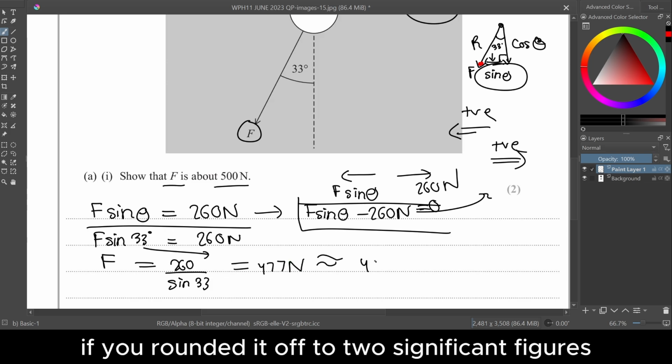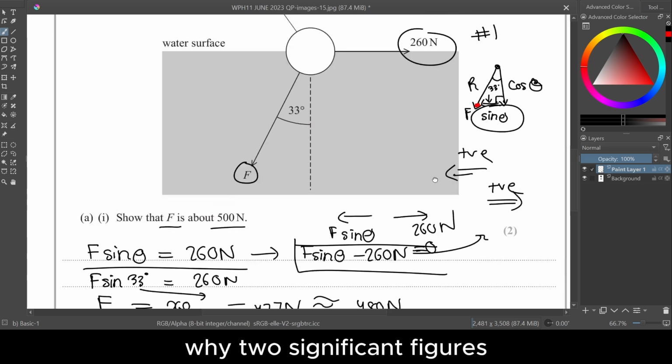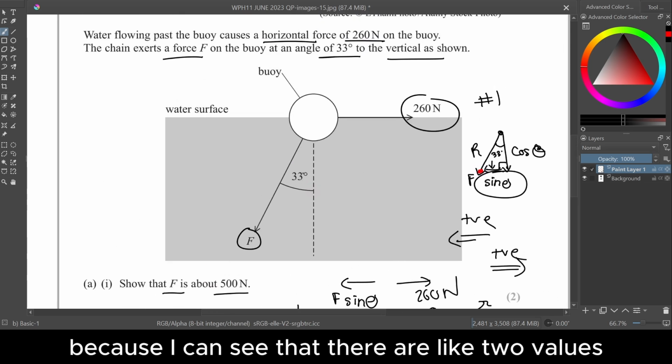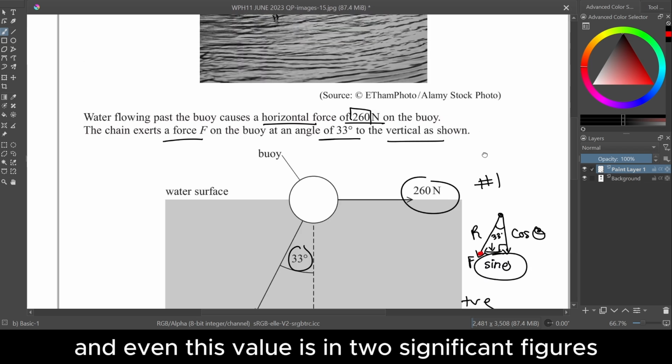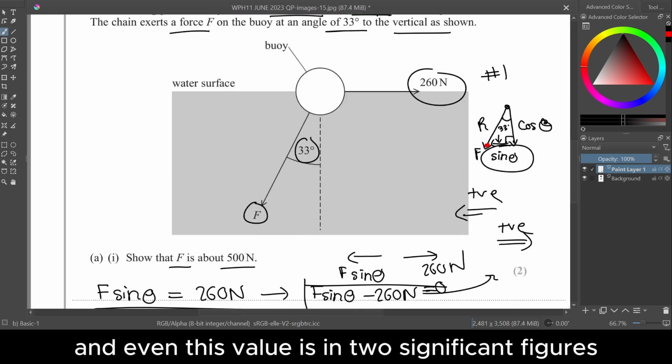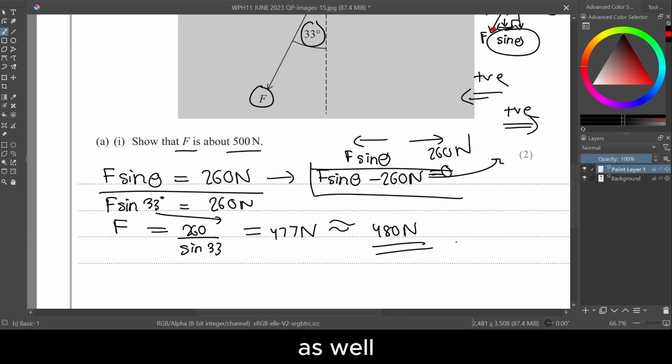If you round it off to two significant figures, it will be 480 newtons, right? Why two significant figures? Because I can see that there are two values, and even this value is in two significant figures. So just write your answer in two significant figures as well.